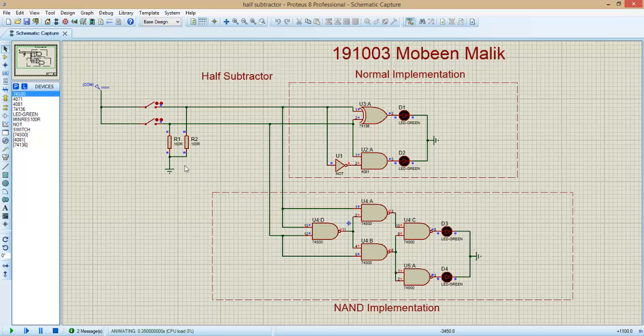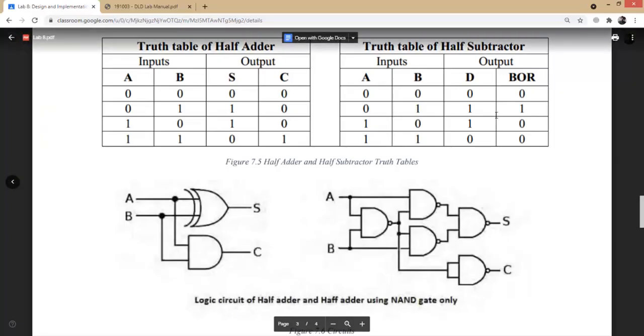So if I run the circuit, now 1 minus 0 is actually 1. 0 minus 1 is 1, but with a borrow 1. 1 minus 1 is equal to 0 with no borrow. So this also verifies this truth table.